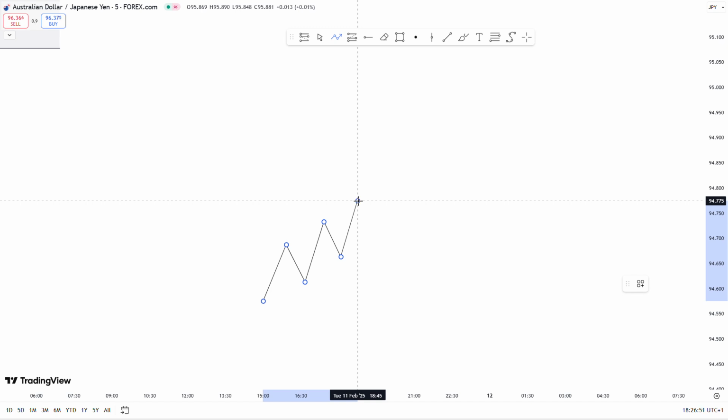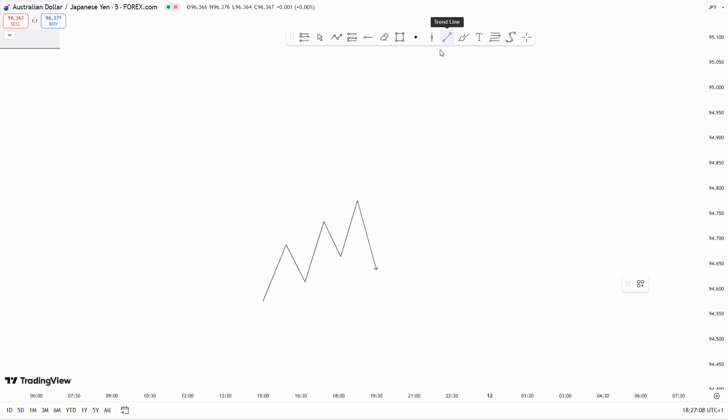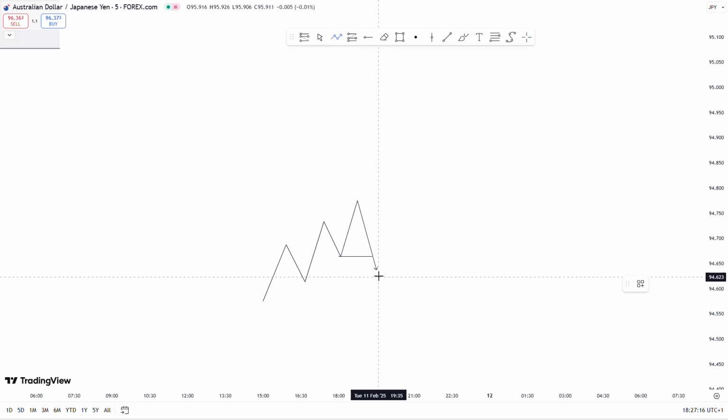If I'm seeing price making higher highs and higher lows, one thing I actually want to see is price give me a liquidity sweep. Now, price coming below a previous higher low does not confirm it to be a liquidity sweep yet. Before this is confirmed to be a liquidity sweep, I will have to see price break structure again.